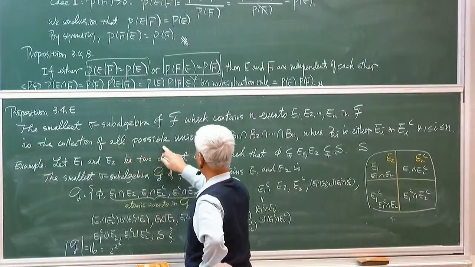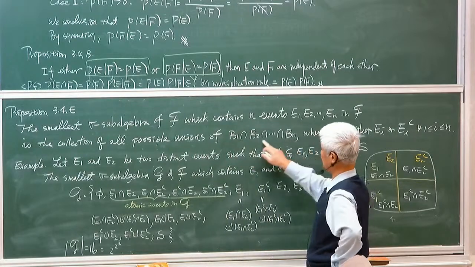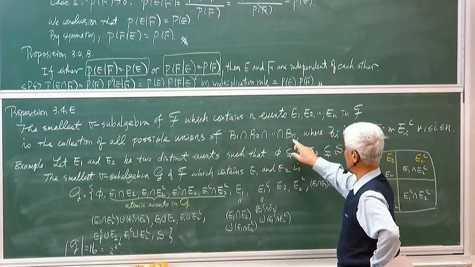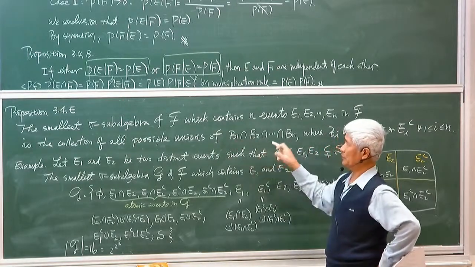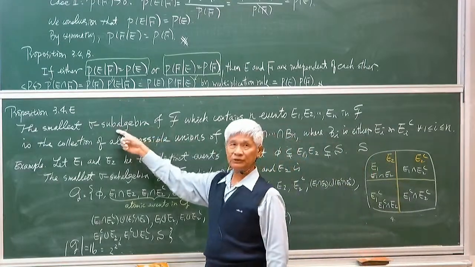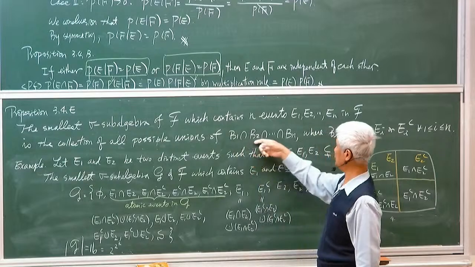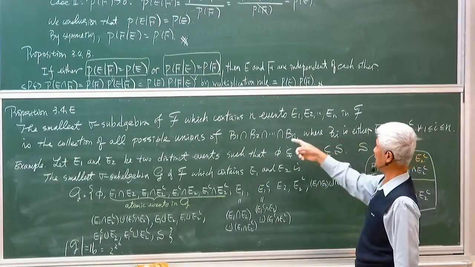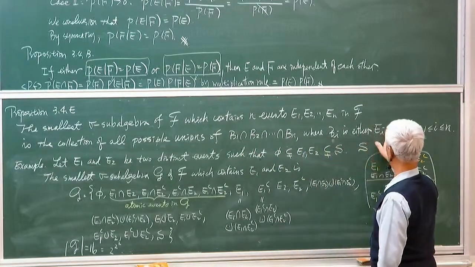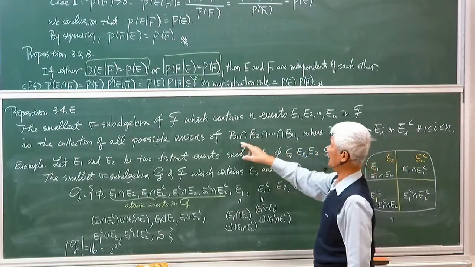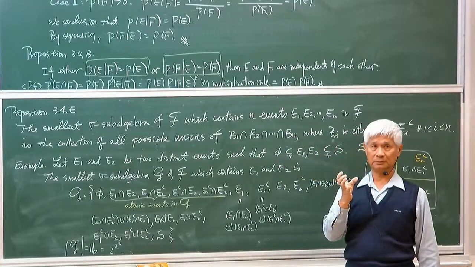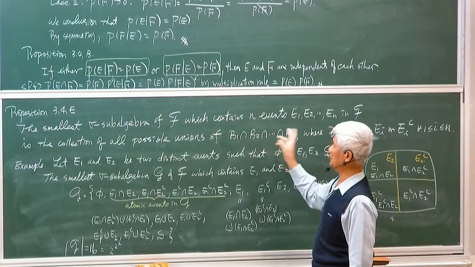The collection of all possible unions of these intersections will be the building blocks of the smallest sigma algebra, where Bi is either Ei or Ei complement. So at the most, we have 2 to the n building blocks.